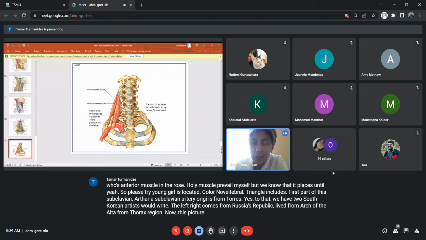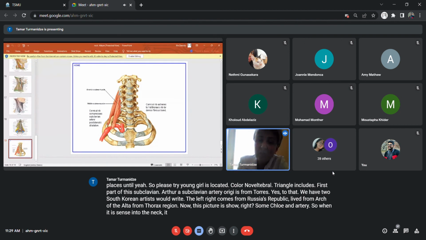In this picture the right subclavian artery is shown. When it ascends upward from the thorax into the neck, it passes at first in the scalenovertebral triangle and then enters the interscalenus space.